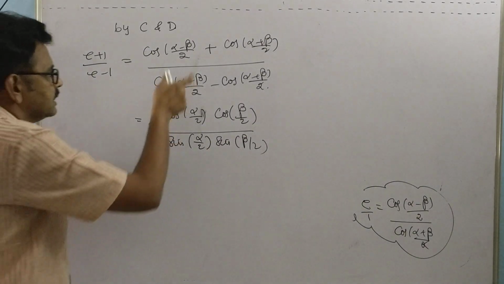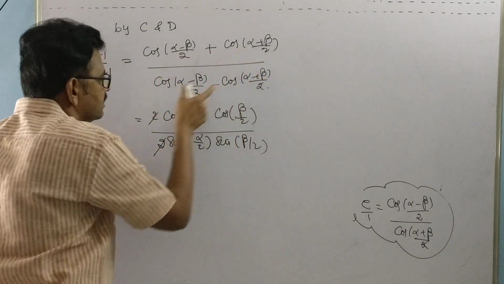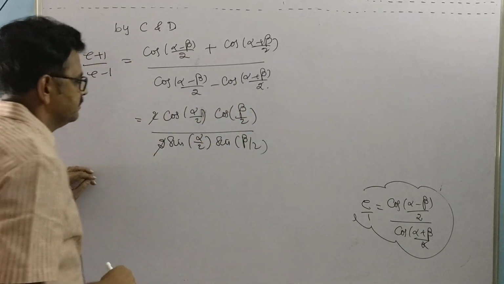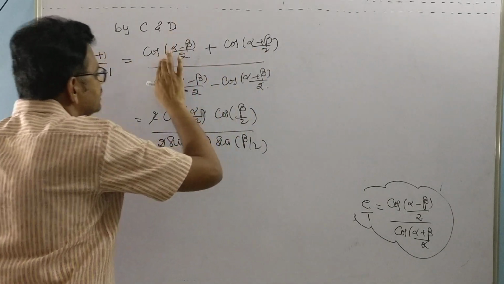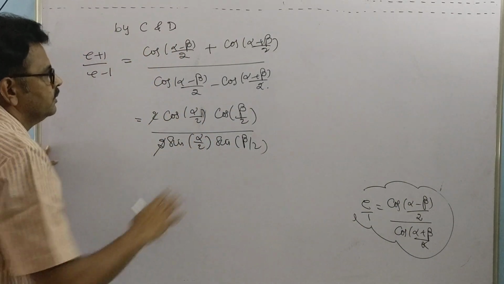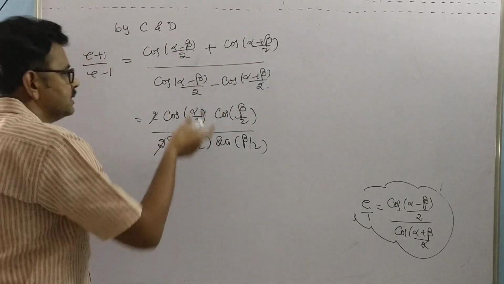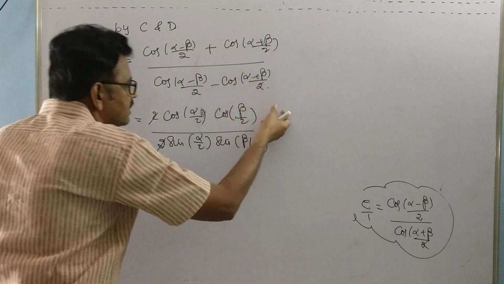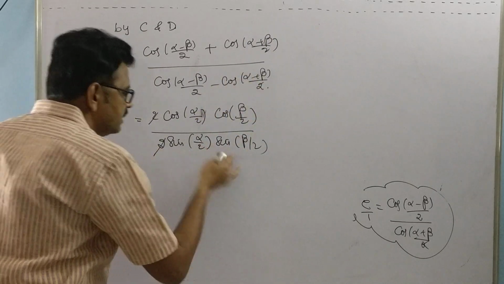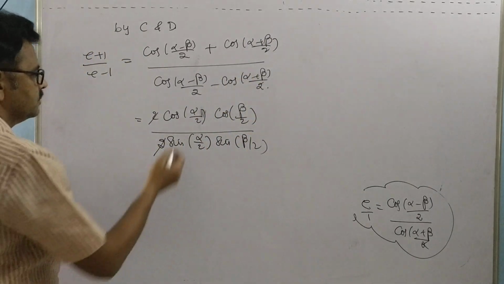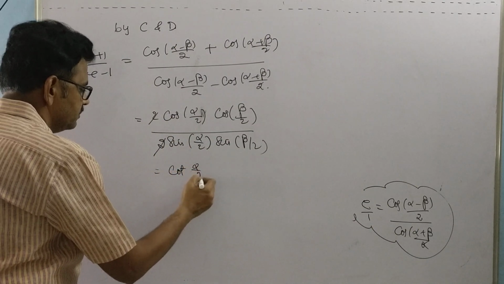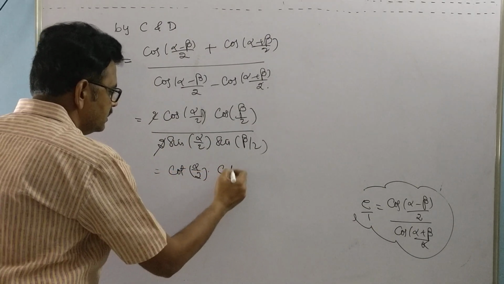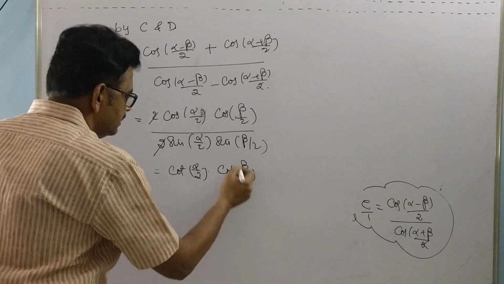By applying the cos C plus cos D and cos C minus cos D forms, that is cos of (A plus B) plus cos of (A minus B) is 2 cos A cos B, and cos of (A minus B) minus cos of (A plus B) is 2 sin A sin B. So this is cos by sin, so this is cot (alpha by 2) into cot (beta by 2).